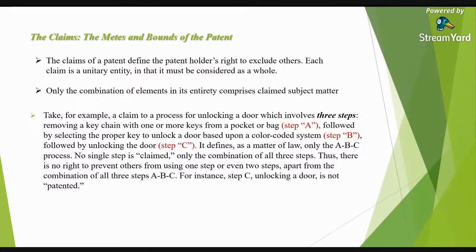So no single step is claimed, but it's a process claim as a whole. So when you're looking at it from an infringement point of view, the process as a whole is seen. But nonetheless, you need to check on every element. So we'll come to it when we actually do the infringement.